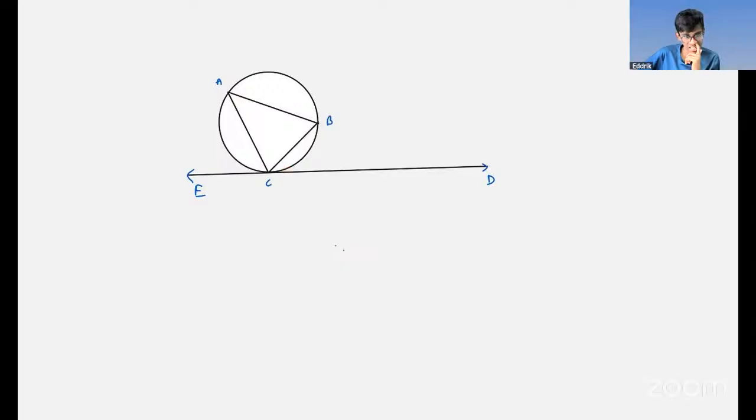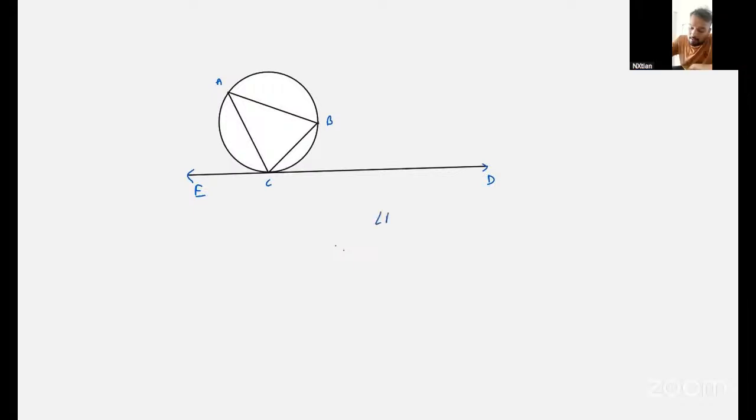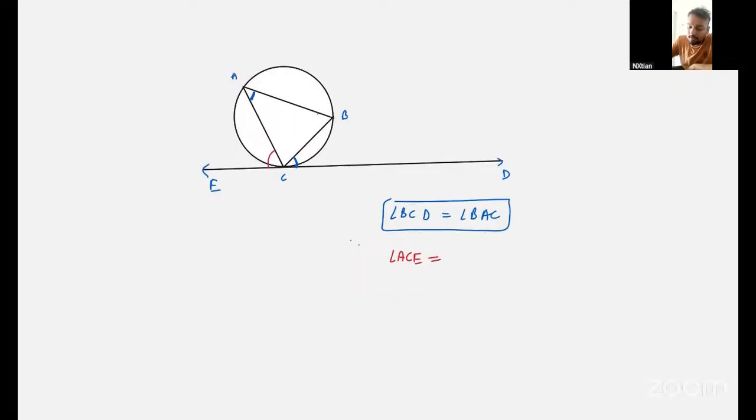So in this we can conclude that angle BCD is equal to angle BAC. This one is equal to this one. Any other observation that we can get? We can get that this angle ACE is equal to this angle, which is angle ABC.